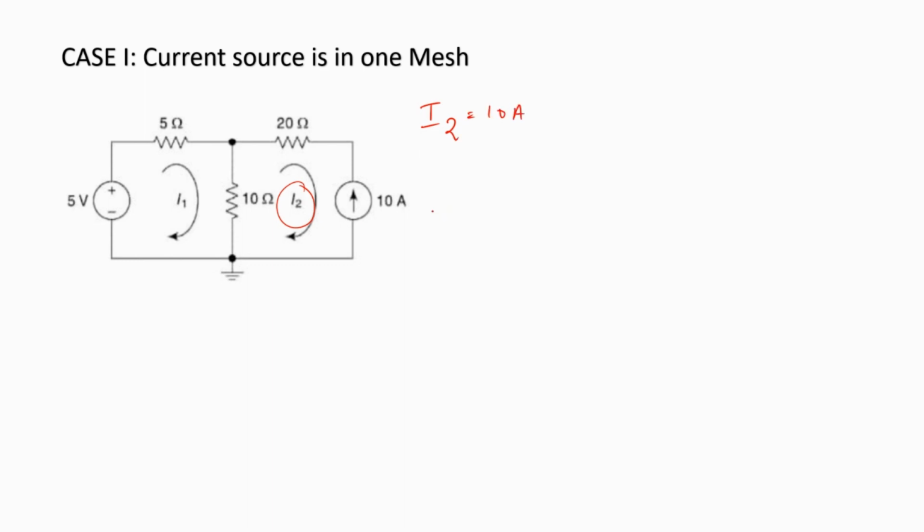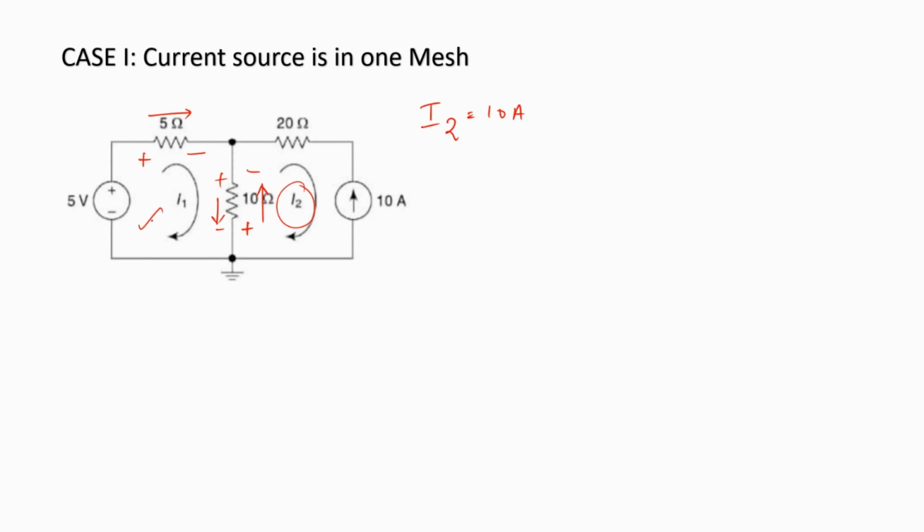We are now going to apply KVL at the first loop. Let me mark the directions. This would be the direction of the voltage drop across the 10 ohm resistor due to I1, and this would be the direction across the 10 ohm resistor due to I2.